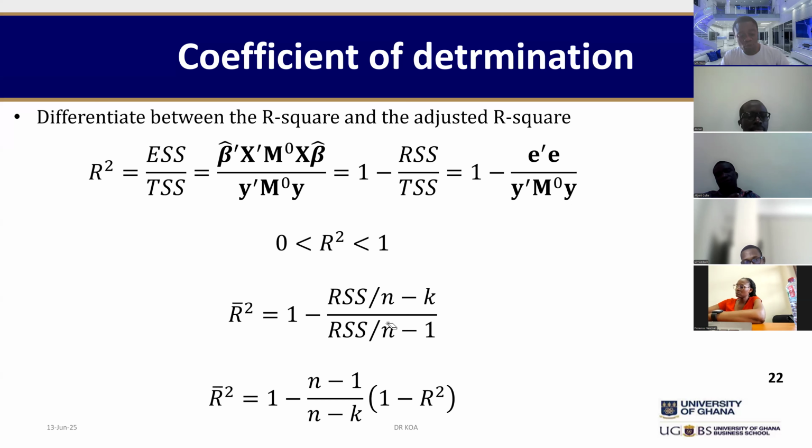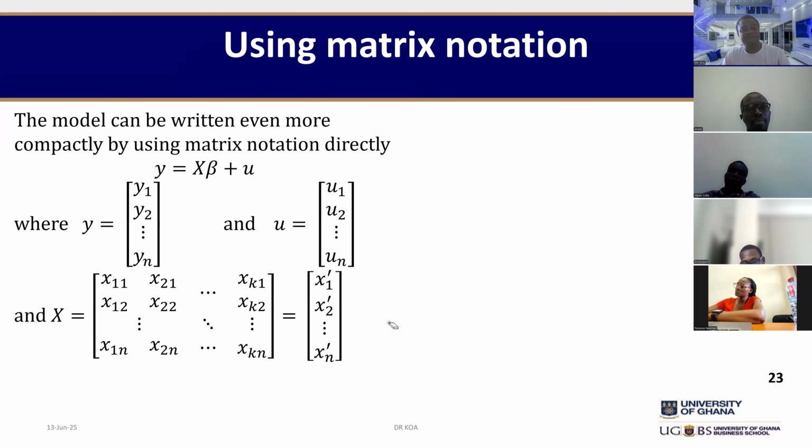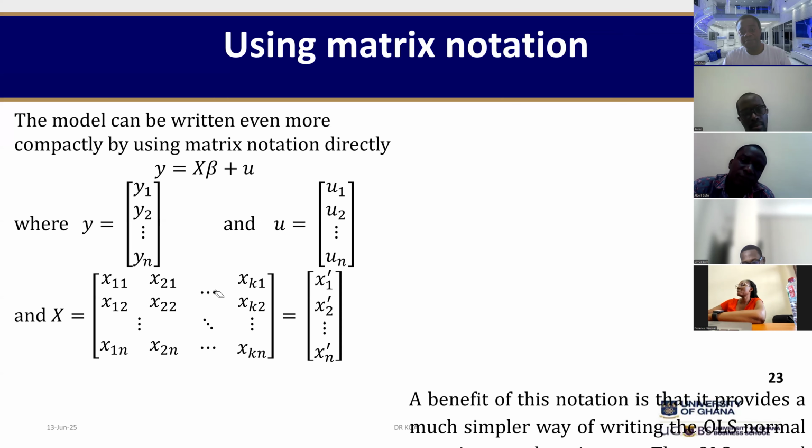In the case when the two are the same, it means that there are no irrelevant variables in the model. But if there are, the adjusted R square will come down. It will never be more than the R square, but it can be equal to the R square, provided there are no irrelevant variables in the model.